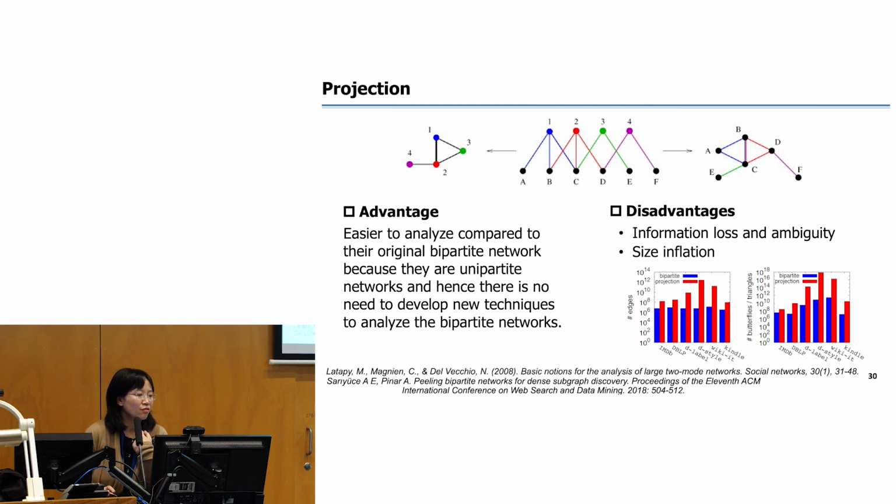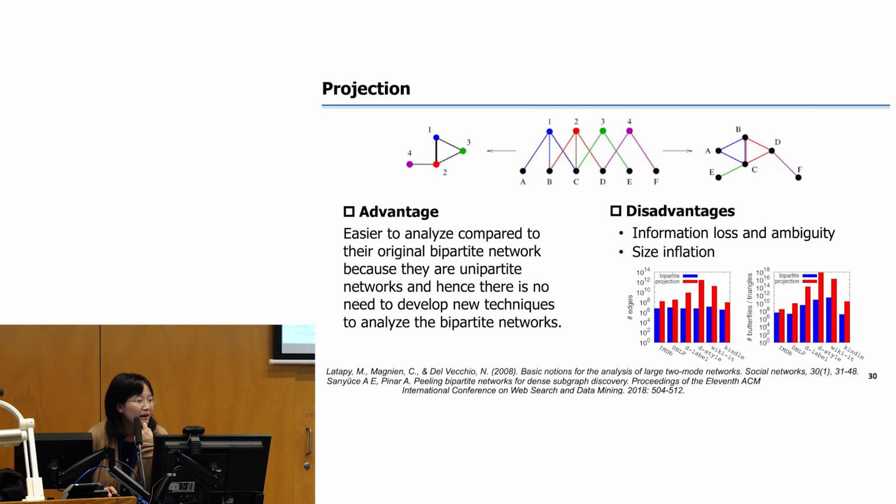So this is one way of projection. In the middle is the bipartite graph. If we want to convert it to a unipartite graph, a graph with only one type of vertex, we don't have the connection information of the vertices on the same layer. They are not directly connected, but they are connected through another vertex in the opposite layer.